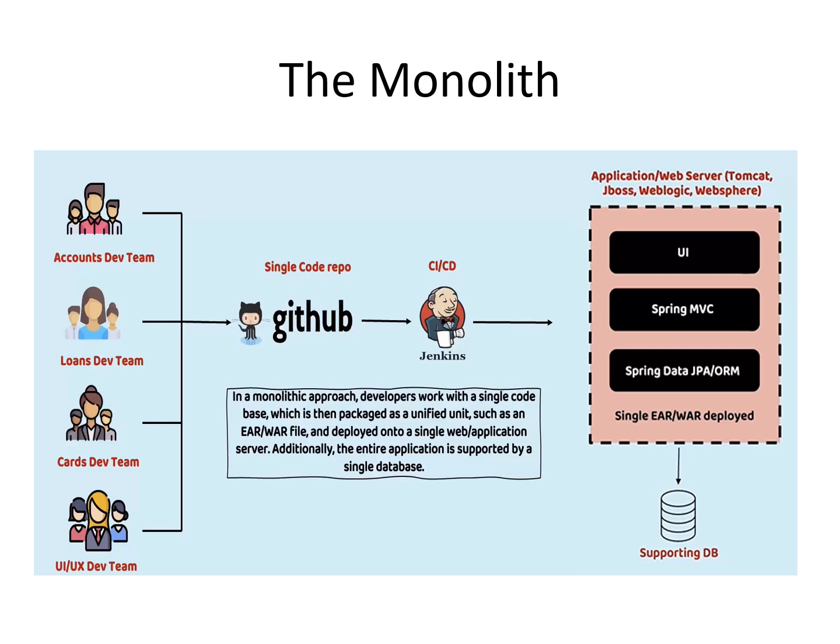In a monolithic approach, developers work with a single code base, which is then packaged as a unified unit, such as an EAR or WAR file, and deployed onto a single web application server. Additionally, the entire application is supported by a single database.